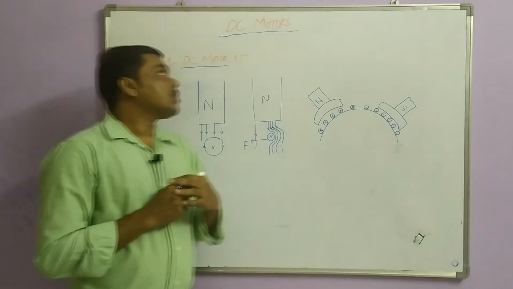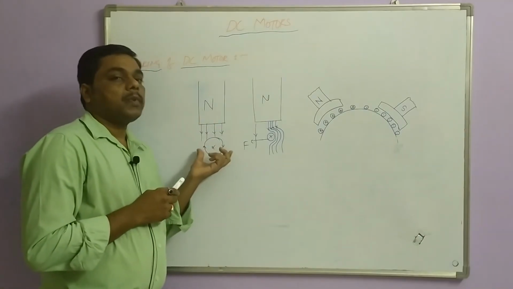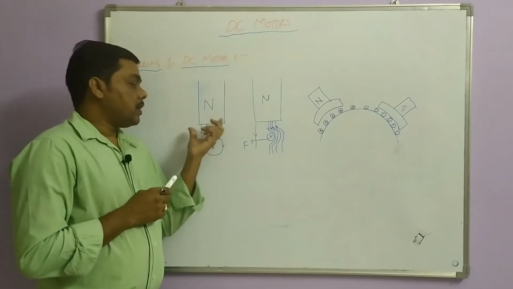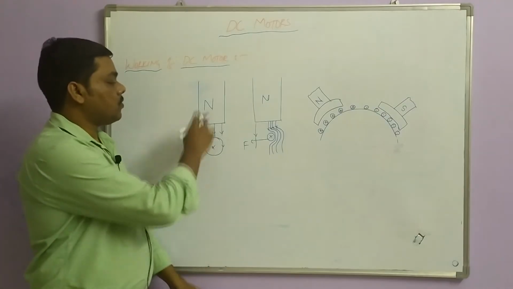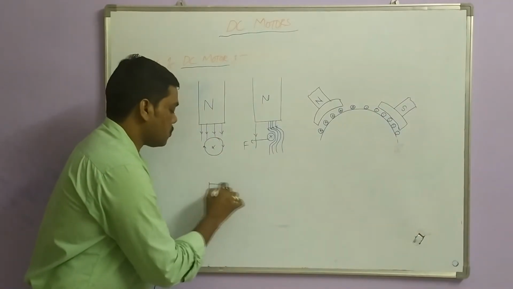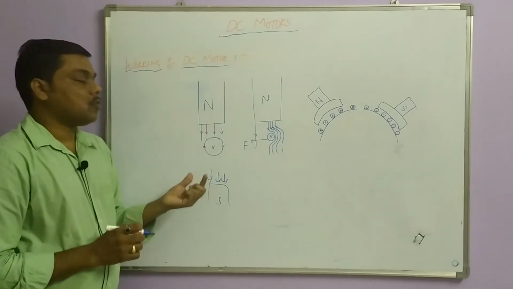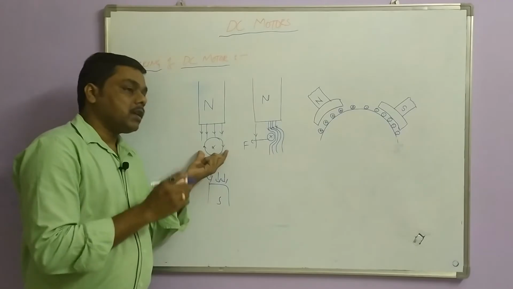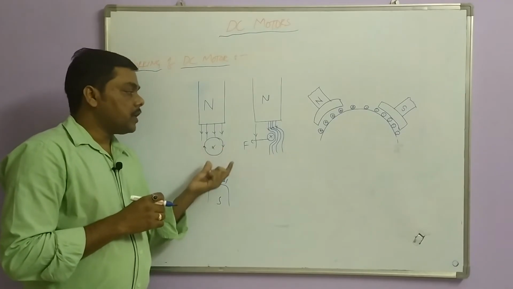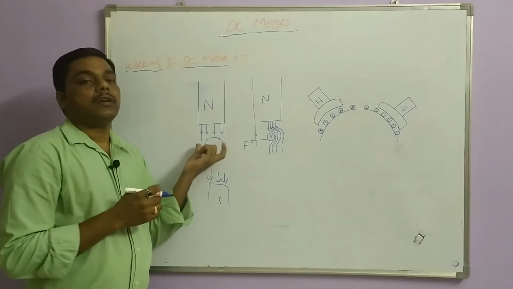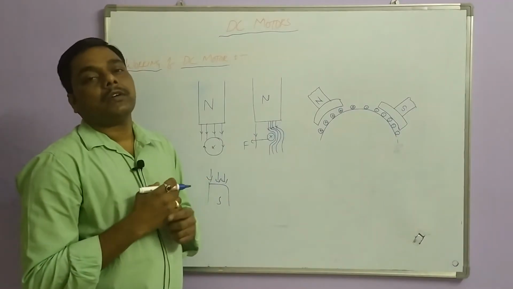Now consider a north pole and a conductor, marked with a cross, placed at the side of this north pole. The flux always flows from north pole to south pole. So when the flux flows from north pole to south pole, the current in this conductor is entering the plane. You know that the cross indicates the current is entering the plane, whereas the dot indicates the current is leaving the plane.